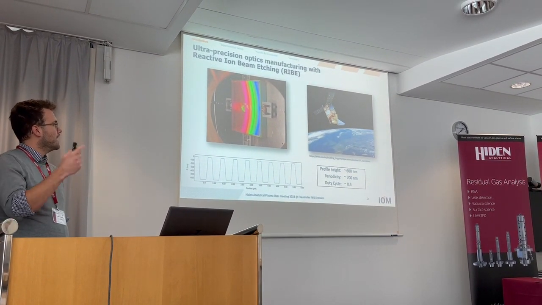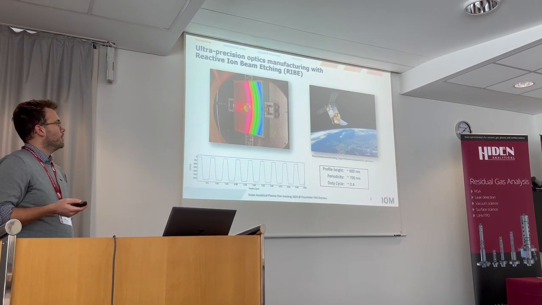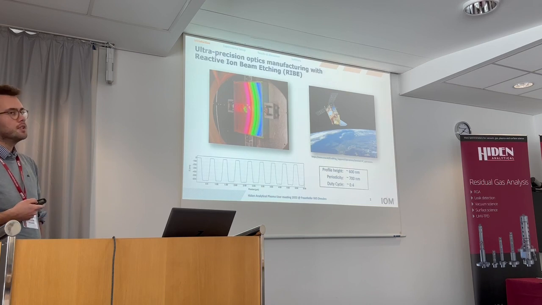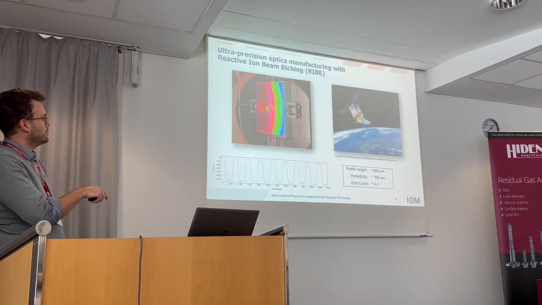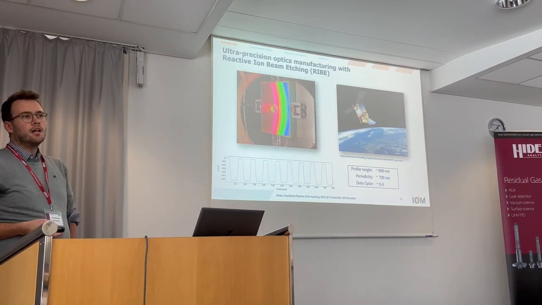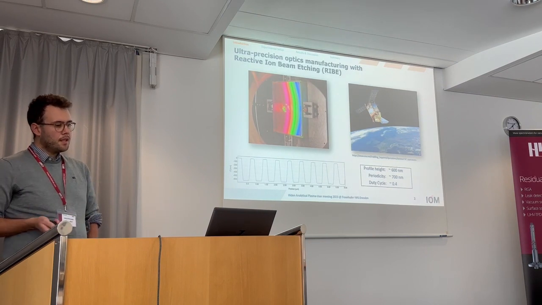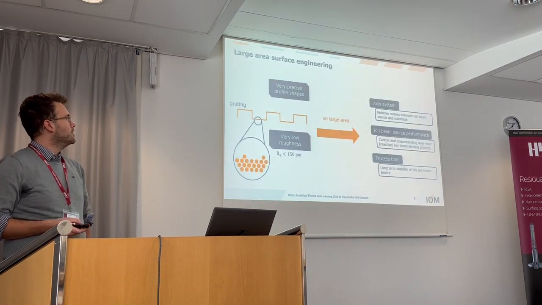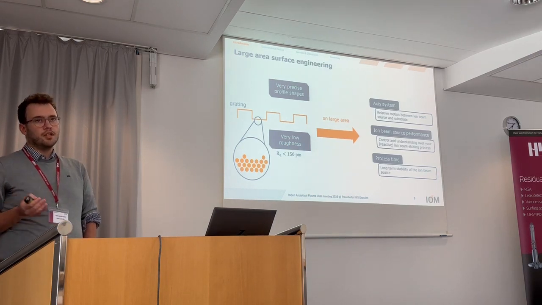So you can have a scanning of greenhouse gas composition of the atmosphere all over the Earth, and what is used there is an optical grating with a blazed structure. It's not a binary structure, but a blazed structure, so a triangular shape that was also produced with reactive ion beam etching.